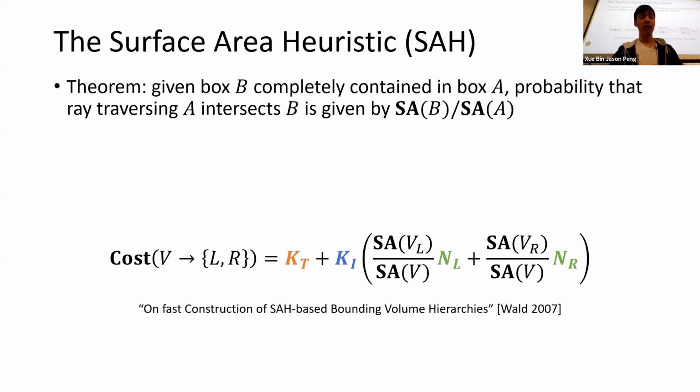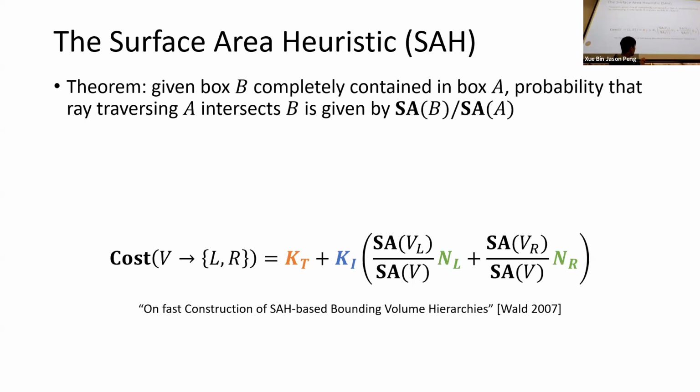And then we're going to have a bunch of terms that depend on the ratio of the surface areas between the child bounding volume and the parent bounding volume. First we have the ratio between the surface area of the left child with respect to the surface area of the parent V. And then this is multiplied by the number N_L, the number of objects that are inside the left child bounding volume.